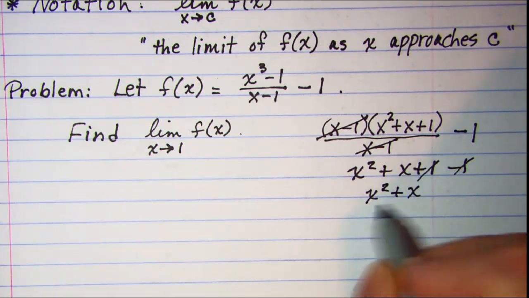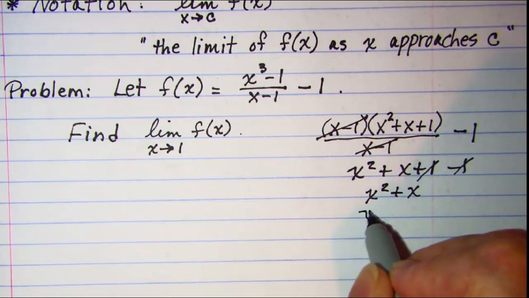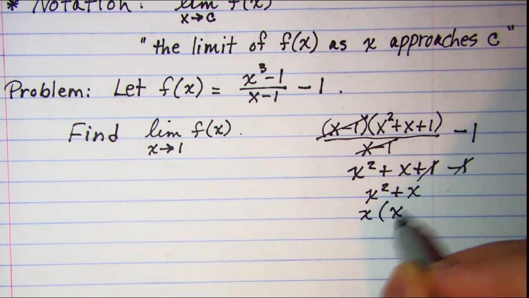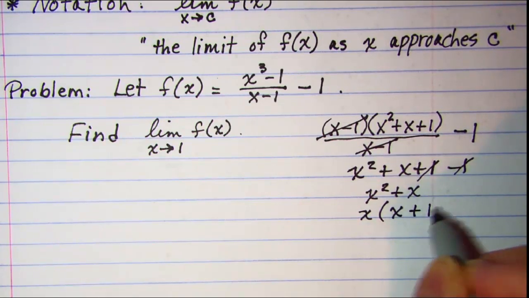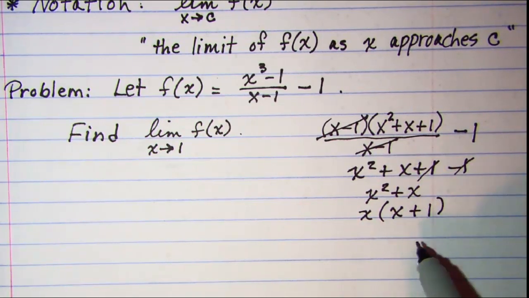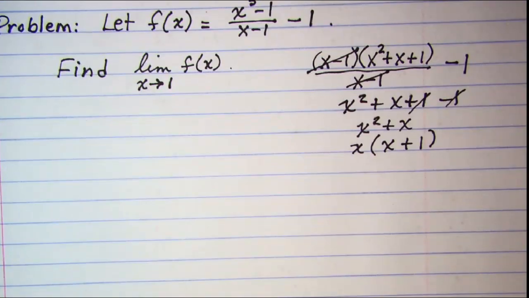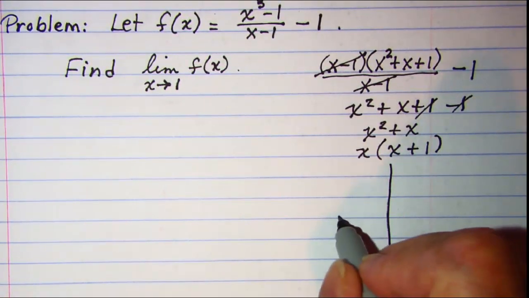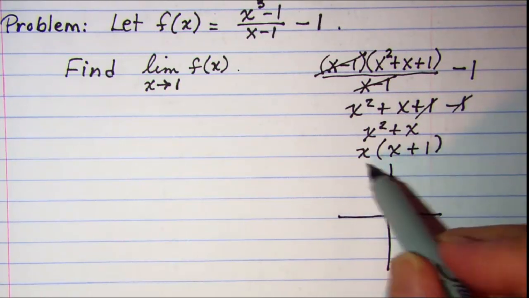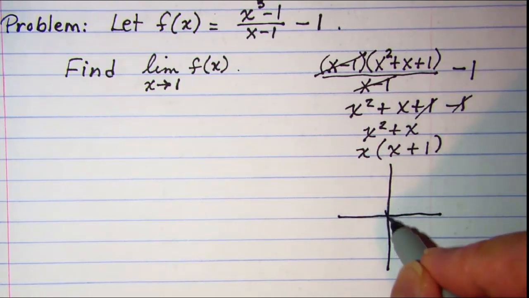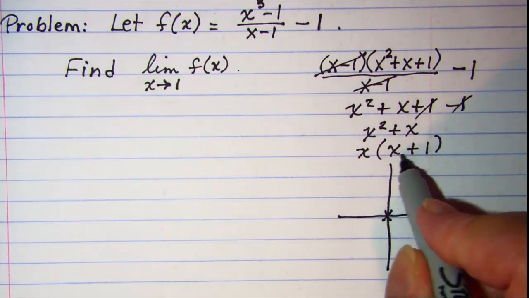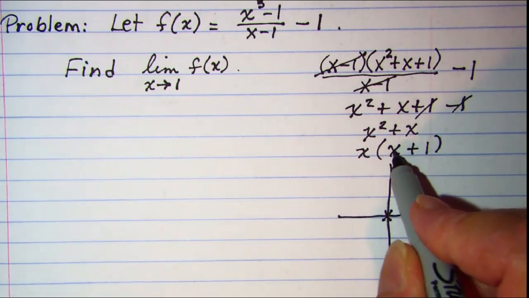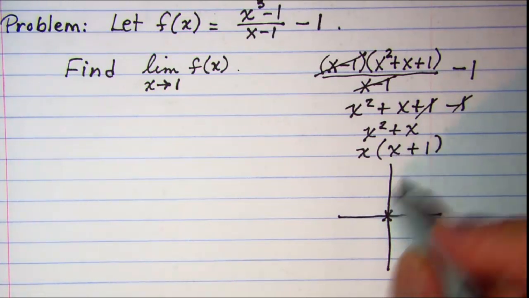Now to graph this easily, we can factor out our x, and we'll have x times x plus 1. So we can see then that I'll have zeros at 0 and at negative 1, because when you put negative 1 in here, you'll get a 0.